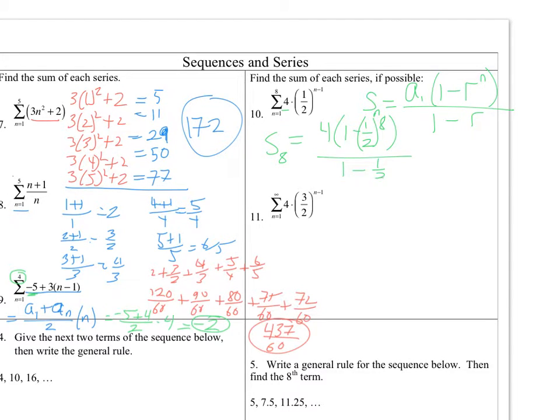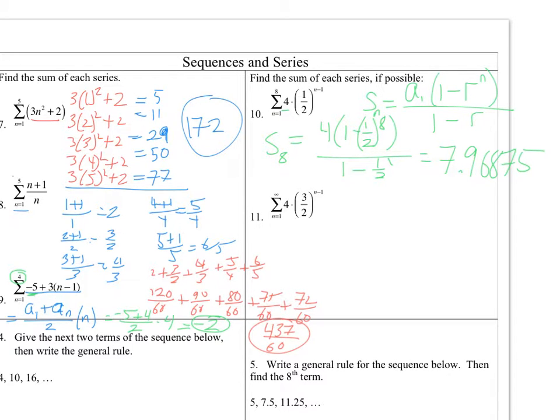Minus a half to the 8th is going to be 0.99609. I'm going to multiply that by 4 and then divide that by a half to get 7.96875.